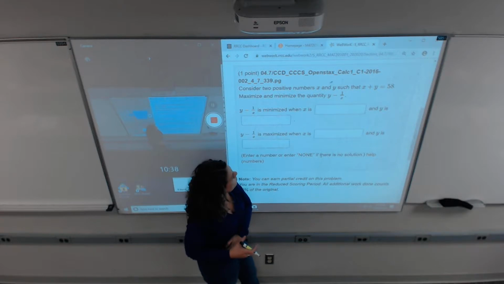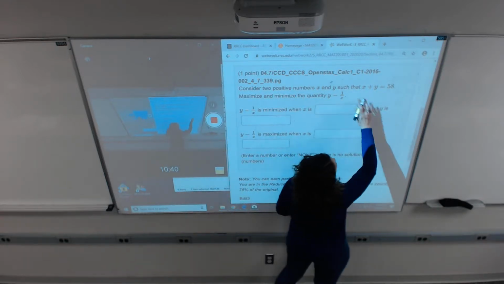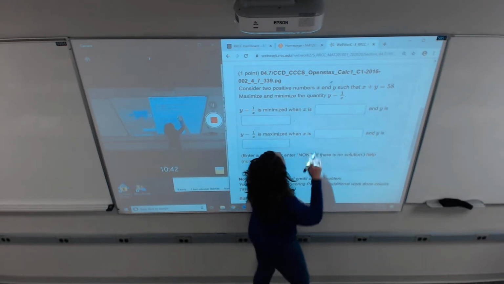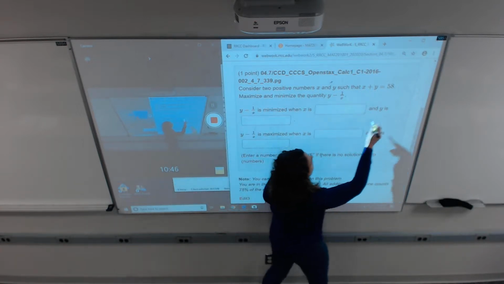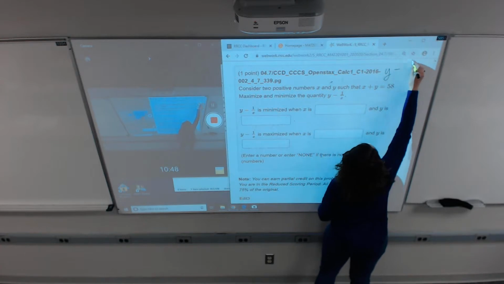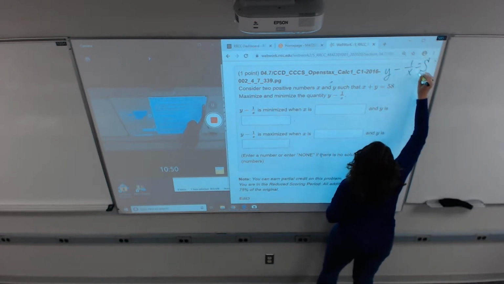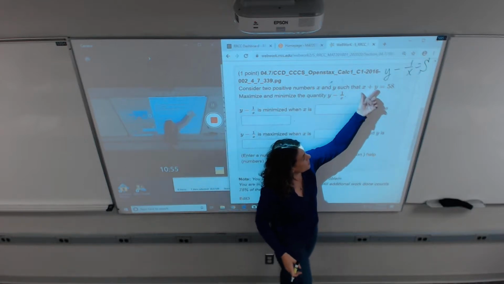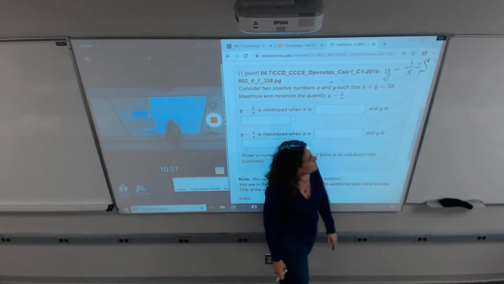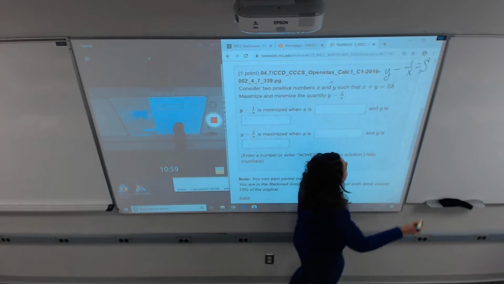All right, so maximizing and minimizing, again, same thing. This is the one you're trying to minimize. We'll just call it S again. So y minus 1 over x equals S, and that's what we're going to try to maximize or minimize. We need to get rid of either x or y. It doesn't really matter which one you get rid of. One of them's got to go.